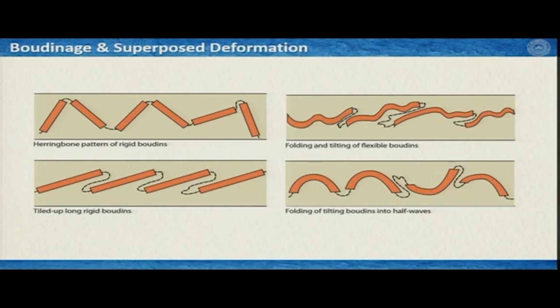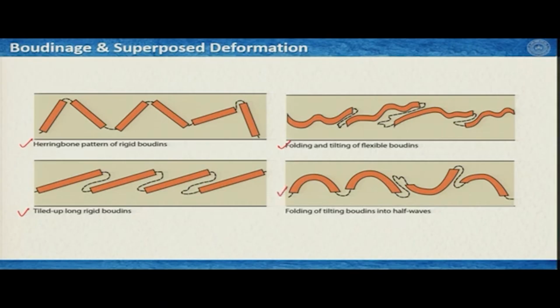So, here are some examples. These are experimentally derived and also observed in the field. One is the herringbone pattern of rigid boudins, then tiled, piled long rigid boudins, then folding and tilting of flexible boudins, and folding of tilting boudins into half waves.